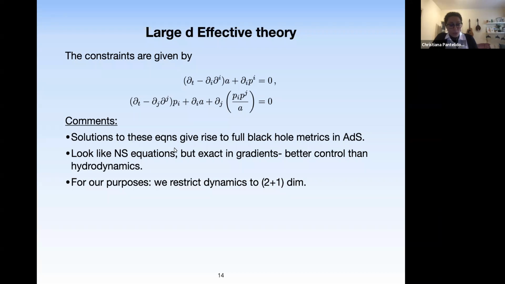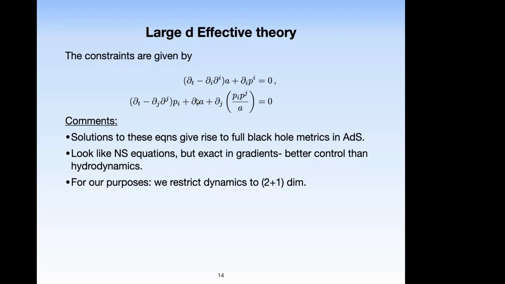If you set a certain number of them to 0, then you land on these equations here. How do you know which transport coefficients to set to 0 and which to keep? You have to know how they scale with D. But in order to know that, you need a microscopic theory, and this is precisely what gravity is giving us.